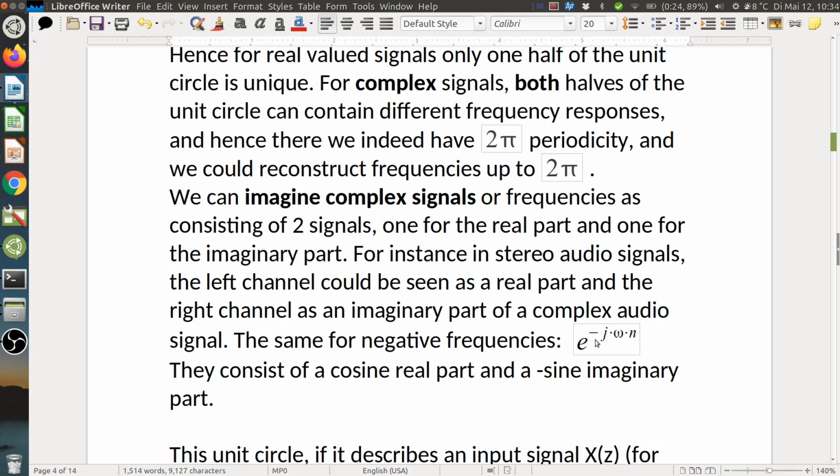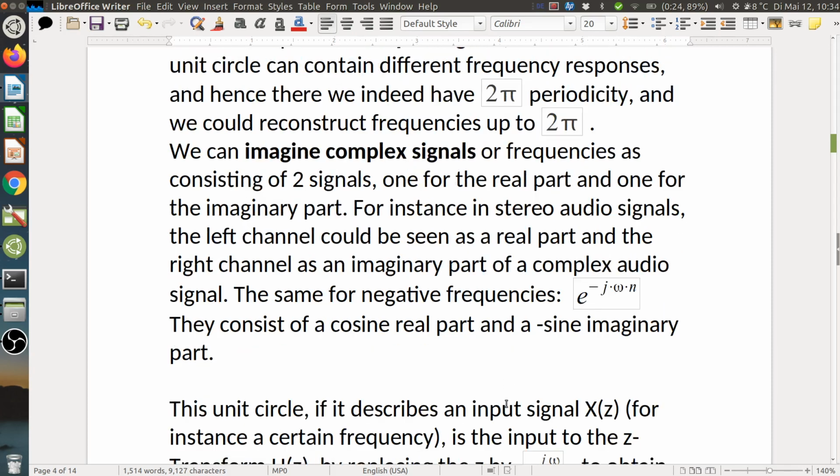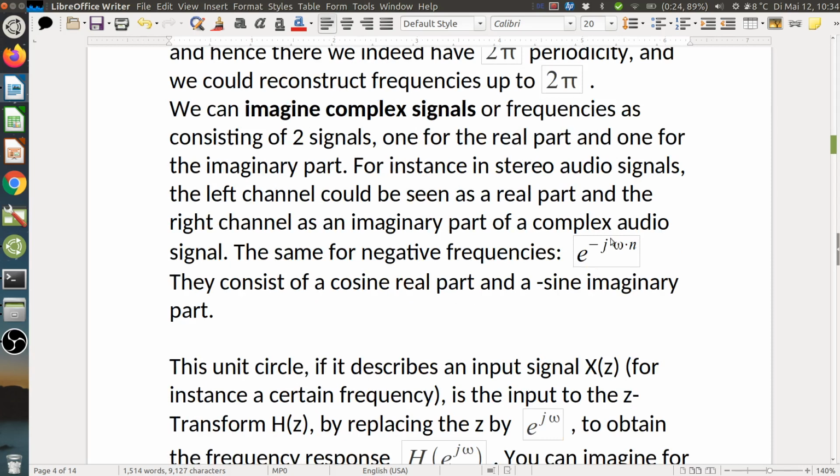Take e to the minus j omega n. It consists of a cosine real part and a minus sine imaginary part. If you decompose this into real and imaginary part, you get cosine omega n and minus sine omega n.